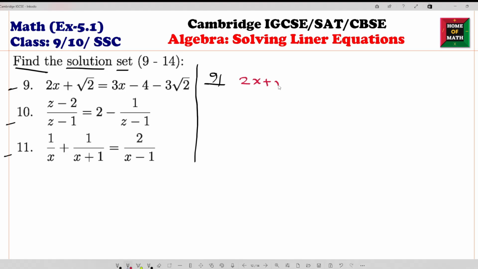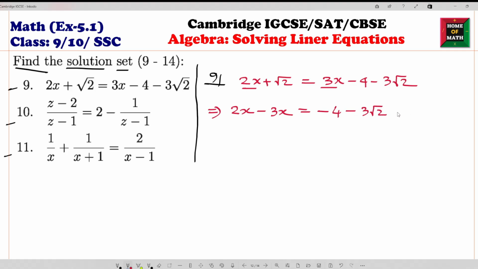2x plus root 2 equals 3x minus 4 minus 3 root 2. Okay, now 2x and 3x are variables, we will transfer to one side, so 2x minus 3x equals minus 4 minus 3 root 2 and minus root 2.